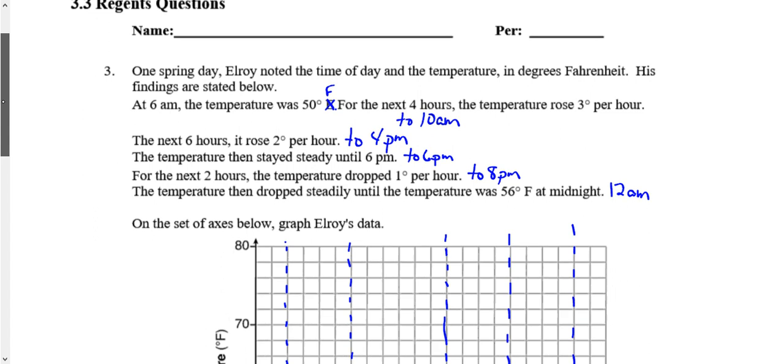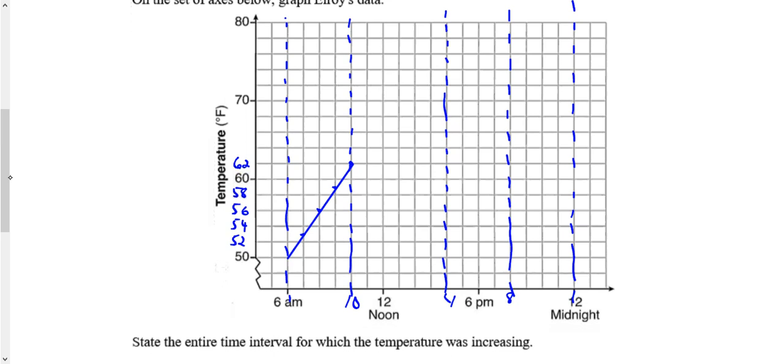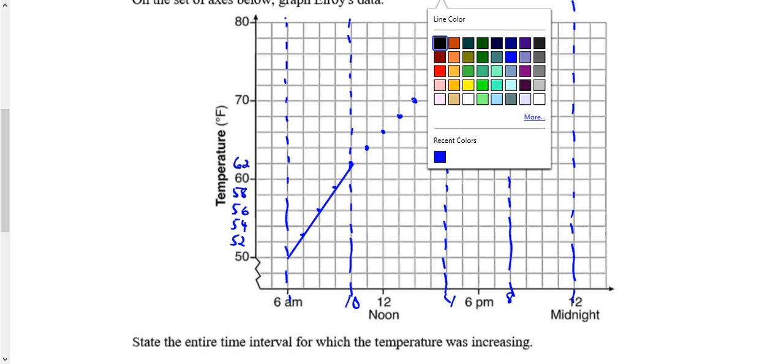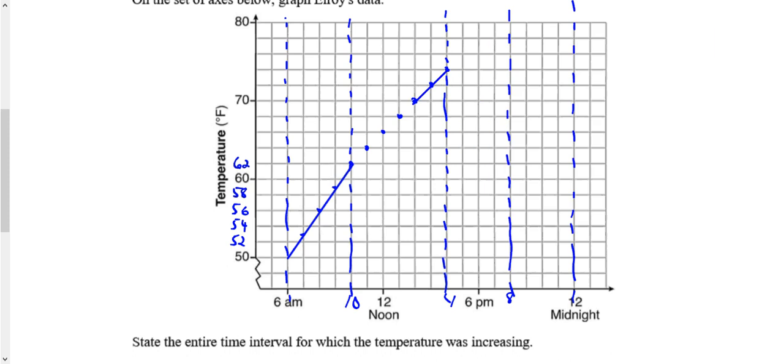For the next 6 hours, it rose 2 degrees per hour out to 4. Okay. So we'll go out 1 hour, it's up 2. It's just going to go like that, right? Out to 4. Like that.